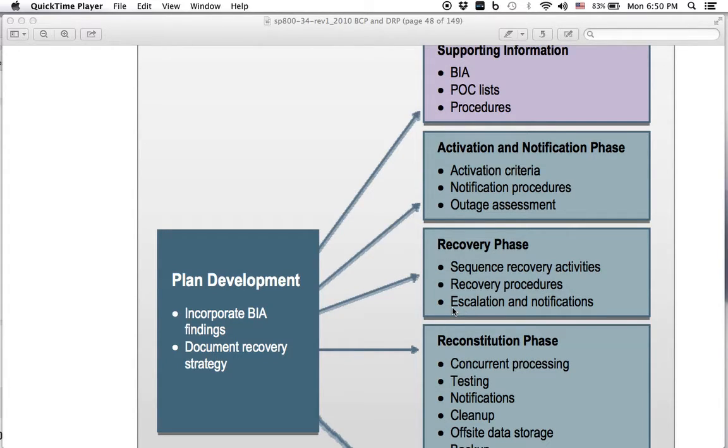And the next is escalation and notification. This is very important, as we need to involve the communication channel. What is the channel that the stakeholder needs to escalate to in case one function is dependent on another function or other unit to fulfill the recovery process?